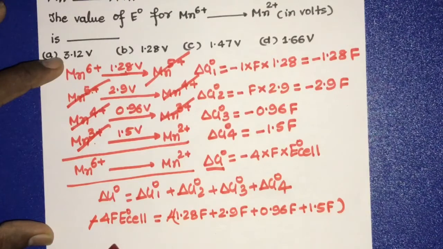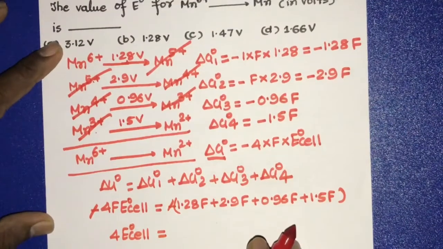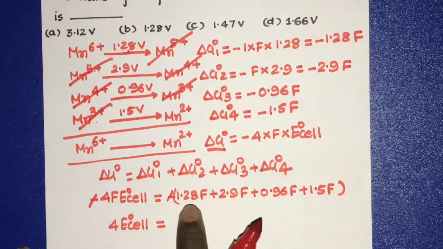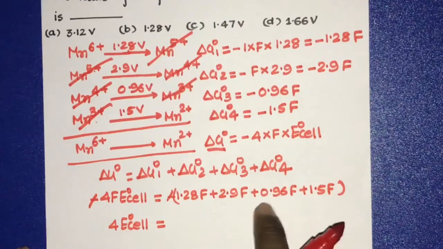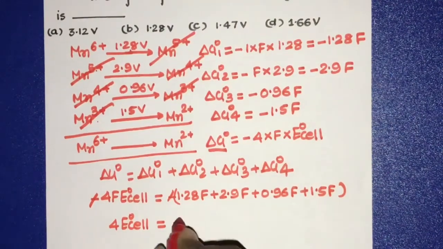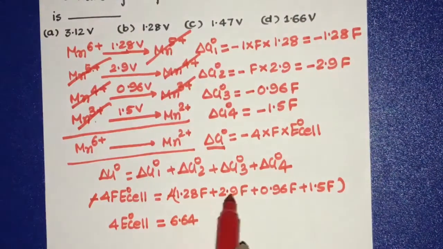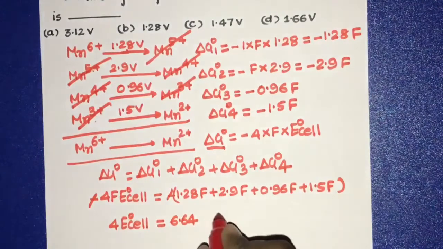You can also take F as common, so 4 into E naught cell will be equal to the sum of all this. If you add all this, you will get 6.64. F is also cancelled out because F is common.